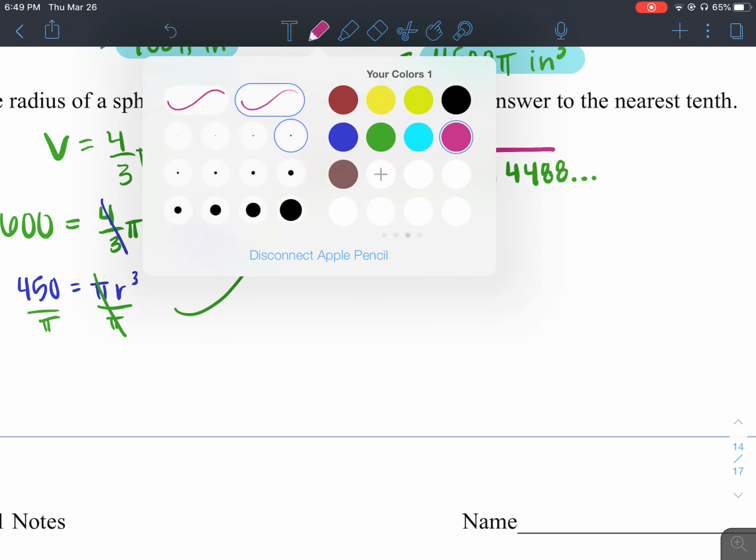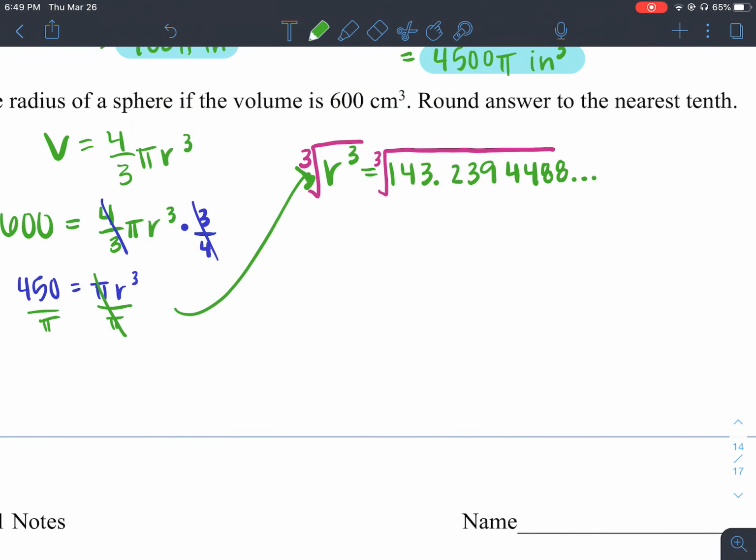A little bit later, I'm going to show you how to do that in your calculator, but on the left, the cube root and the cube cancel, so I'm left with my radius. If I cube root the 143.2394488, I get 5.2322386, and so on.